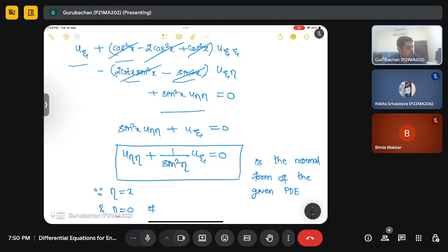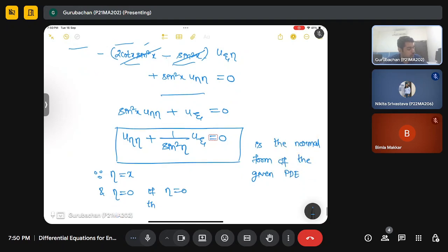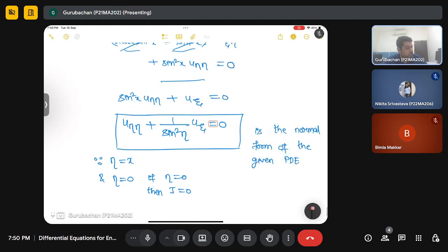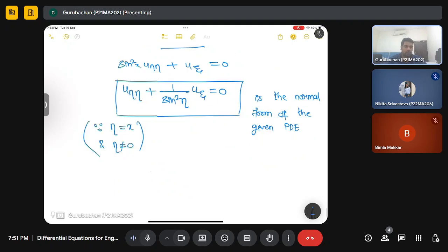If eta is 0, then J will be 0, which is what we are avoiding. So I'm directly writing eta cannot be 0, and only then can we transform this one.